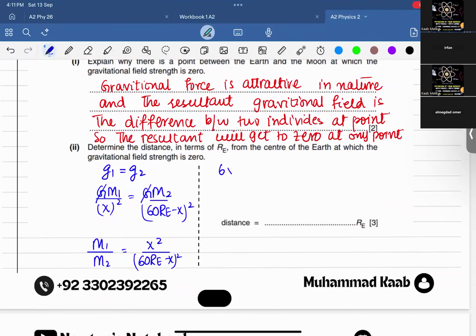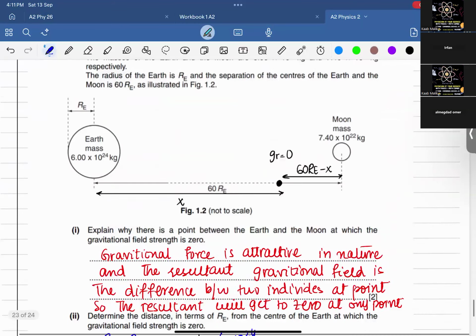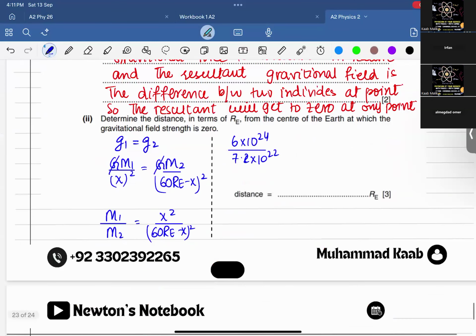So 6 exponent 24 divided by 7.4 exponent 22 is equal to x over 60 RE minus x, all squared. I'm rooting this whole thing, to cancel the square from the other side. So just do it, please.